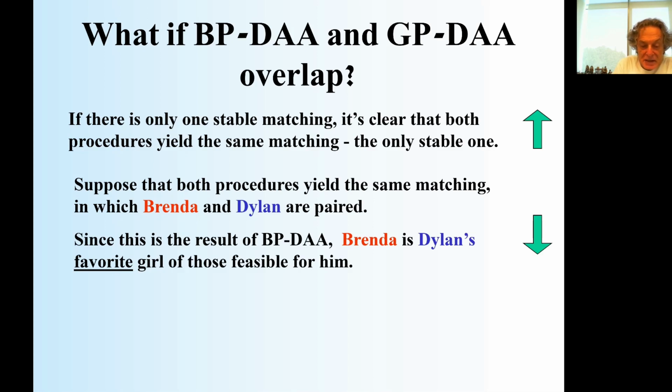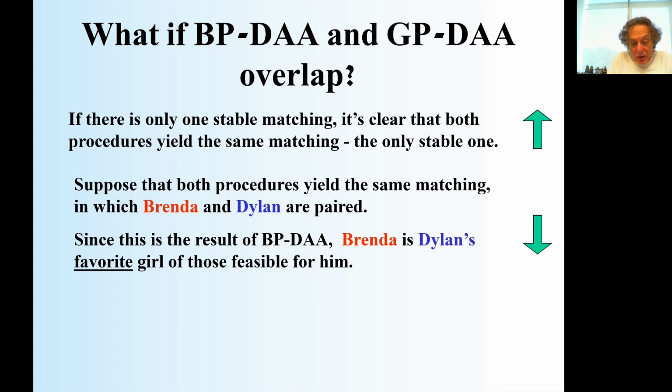Since this is the result of boy proposing, let's say that Brenda and Dylan are paired in the boy proposing algorithm. And actually it's the same, because both matchings coincide.